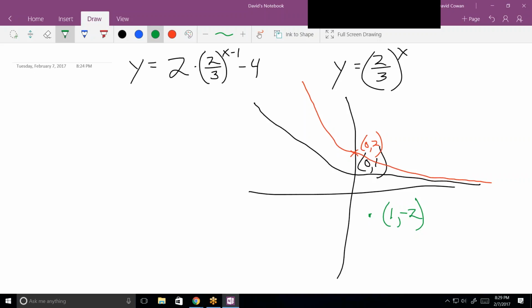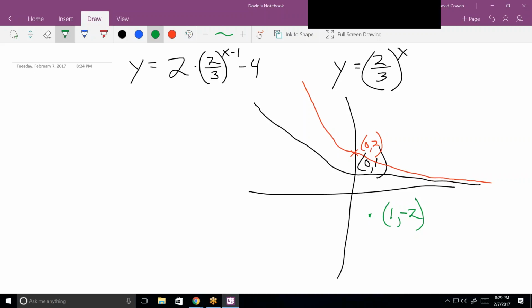And where is my new horizontal asymptote? If it's a decay. Well, the old horizontal asymptote of the parent function is the x-axis, right?